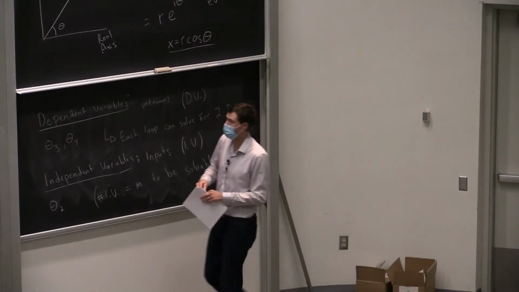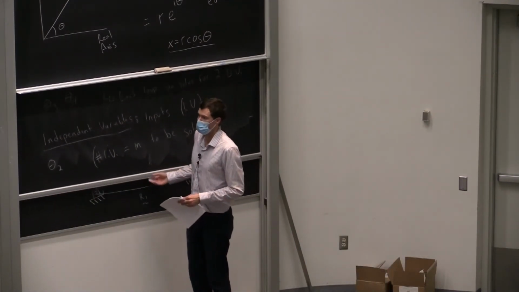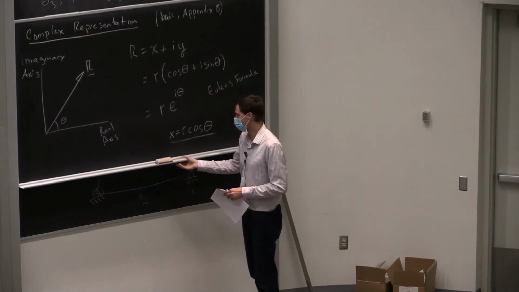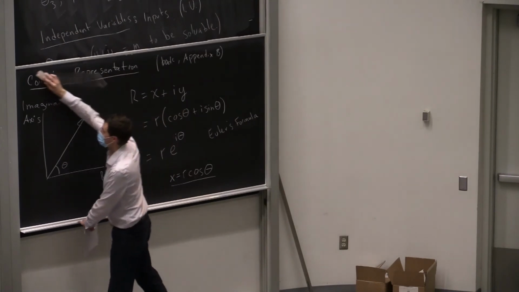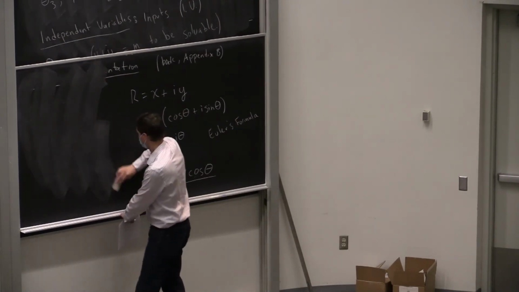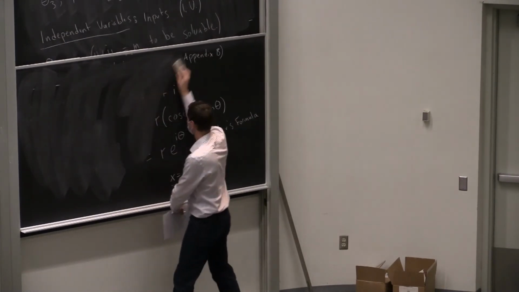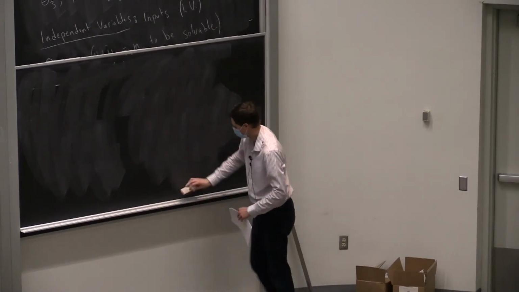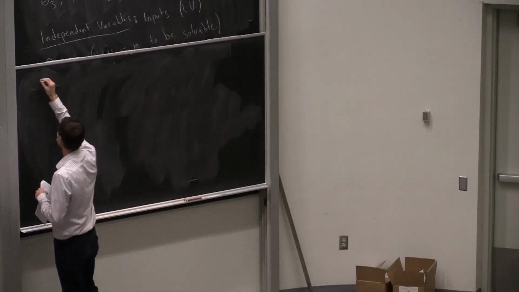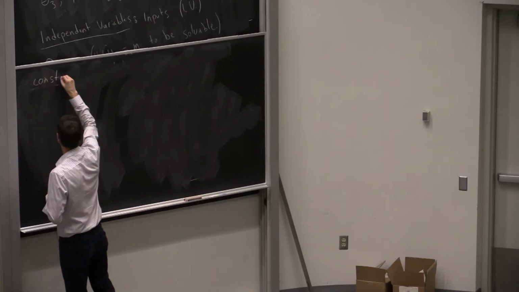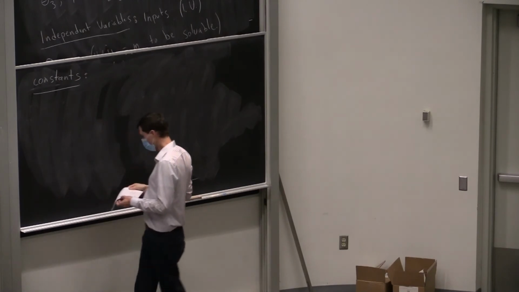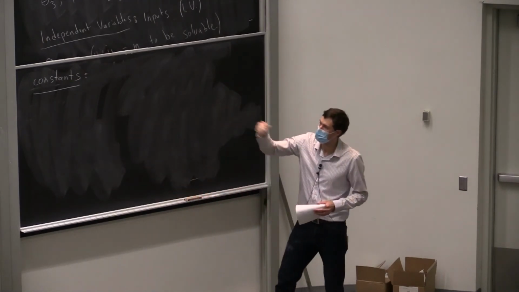Okay, the other thing we're going to have is constants. Right, so every mechanism is going to have some constants, things that are not changing. Okay, for our mechanism, what is it?